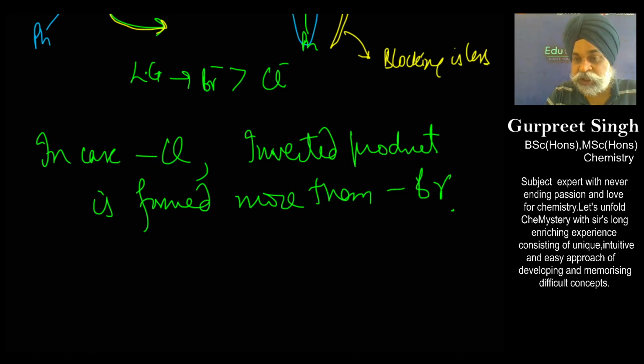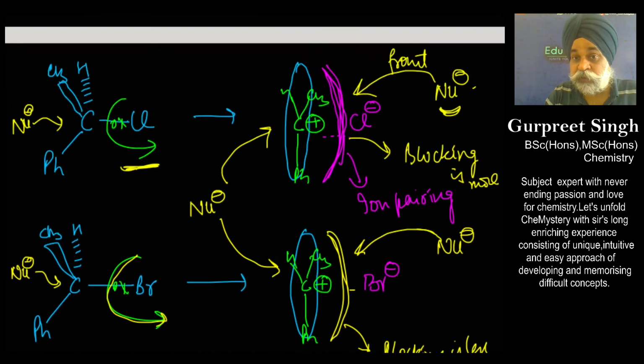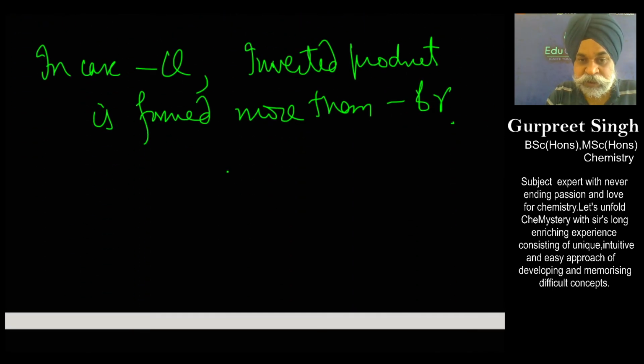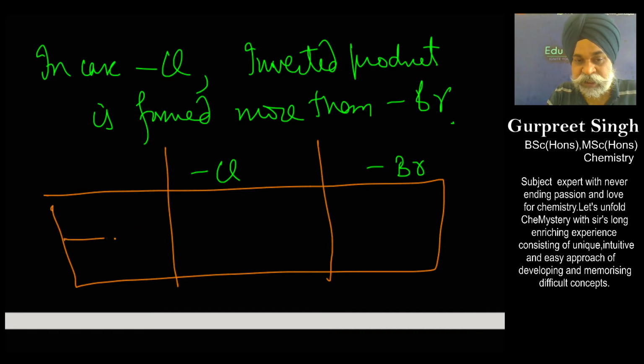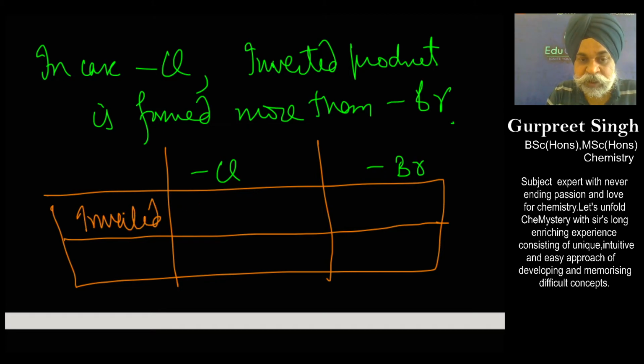Let me write it like this, to make things simple so that you can understand it better: in the case of Cl negative, the inverted product versus retained. In both cases the inverted product shall be more, but here we are not being given the data, so we are not going to quantify it.